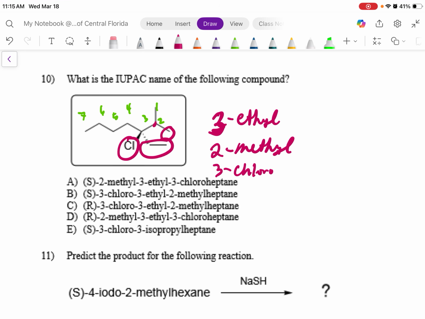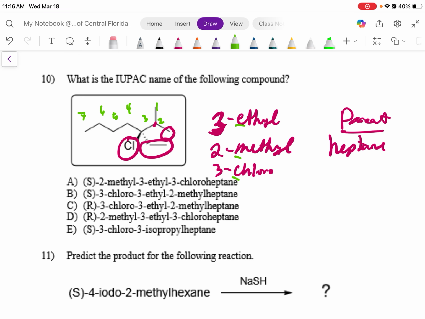The parent name is 7 carbons long, so that makes it heptane. That's the parent name, or said another way, the longest carbon chain. So now we just have to put this all together in alphabetical order. And C comes before E, and E comes before M.